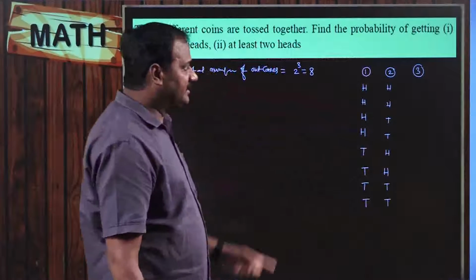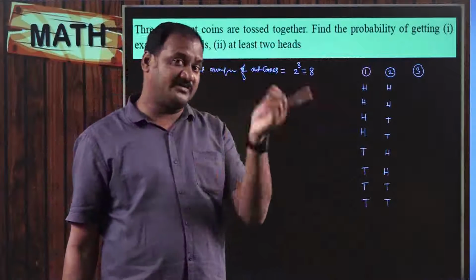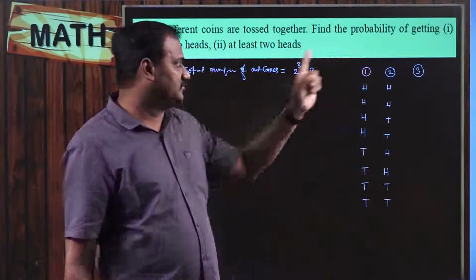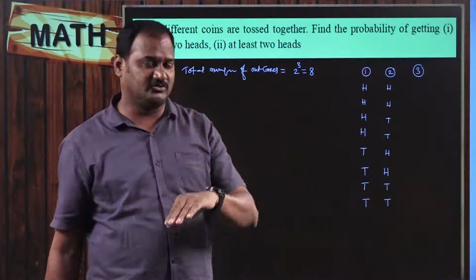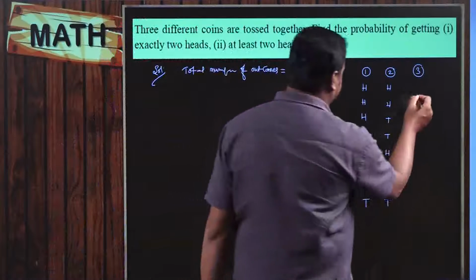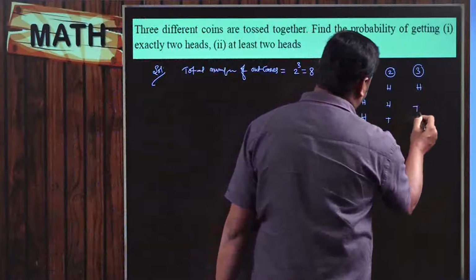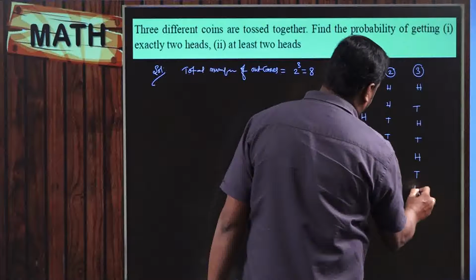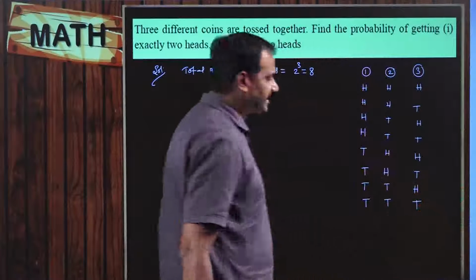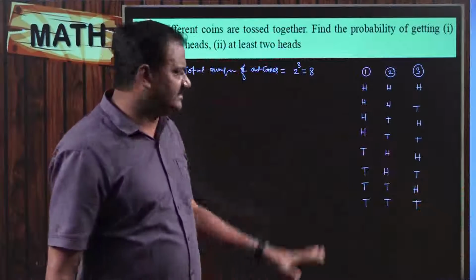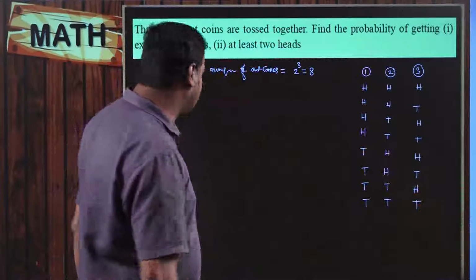For the third coin, half of 2 is equal to 1, which means alternate heads and tails: heads, tails, heads, tails, heads, tails, heads, tails. So this way we can easily list out all the possible outcomes.